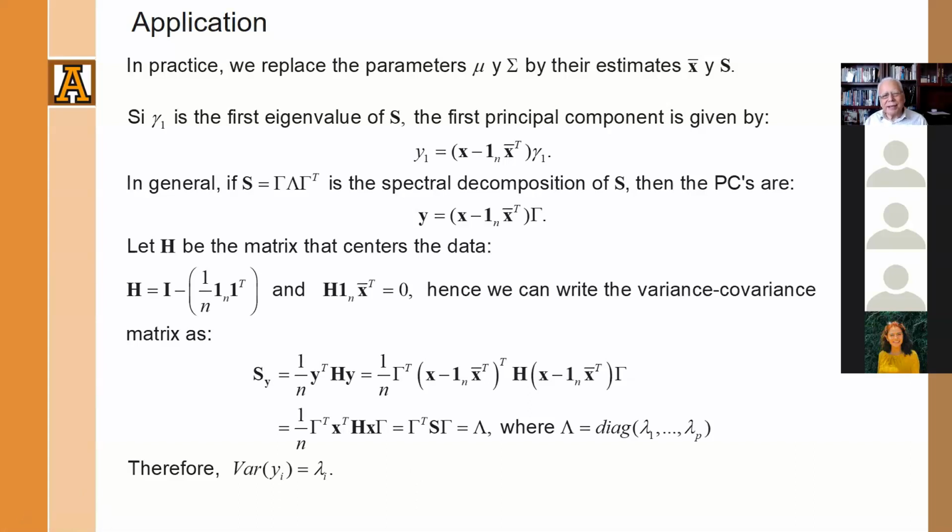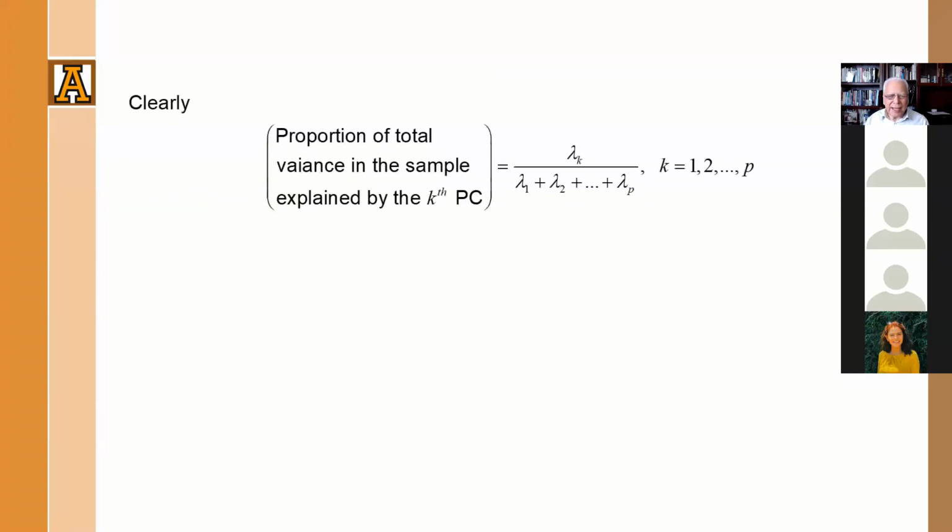It is the ith eigenvalue. And we can express the proportion of total variance in the sample explained by the kth principal component. Each of these lambdas represents the variance of the transformed variables. So if I take the variance of the kth principal component divided by the total variance, that's the proportion of the variance in the sample explained by the kth principal component, for k equals 1, 2, and so on.